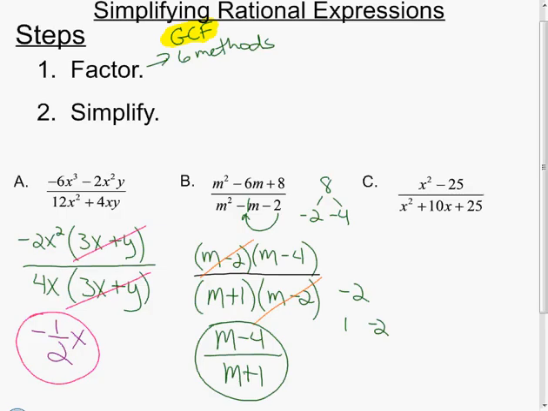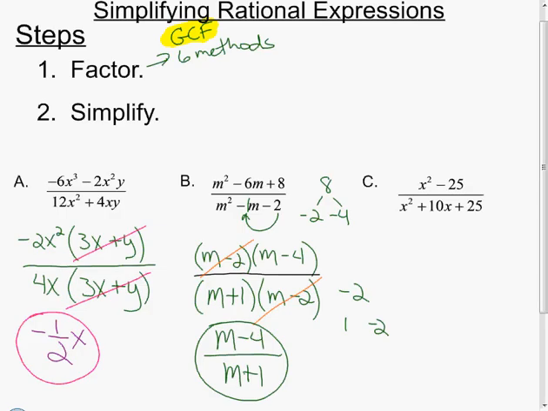So in our third example, where it says C, where we have the quantity x squared minus 25 over the quantity x squared plus 10x plus 25, we try and notice if the numerator or denominator has a common factor. And I don't, in fact, see one.